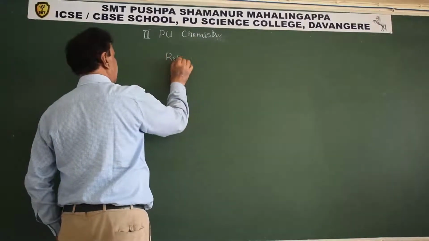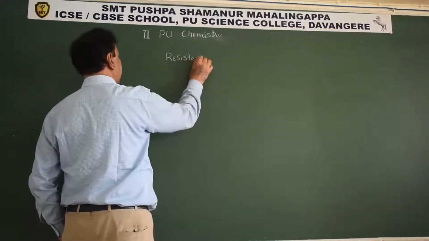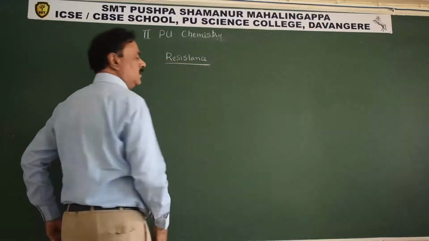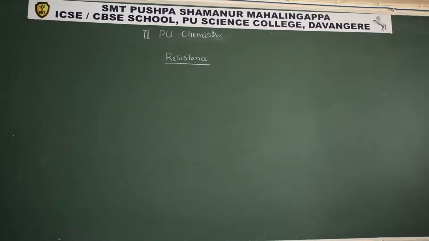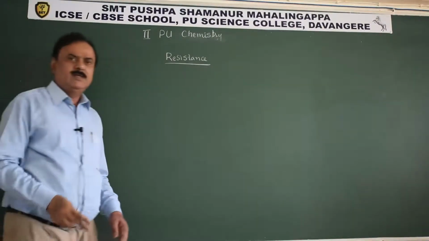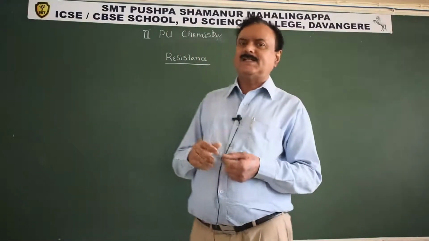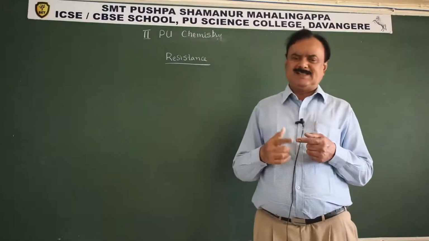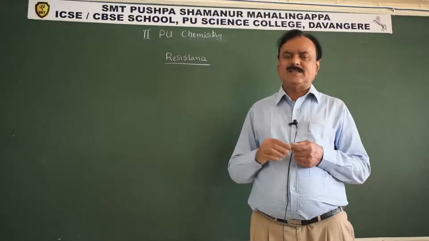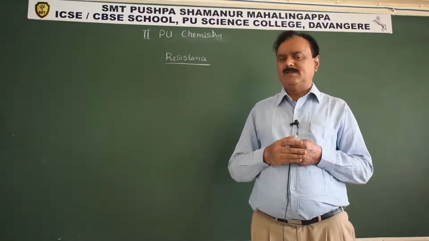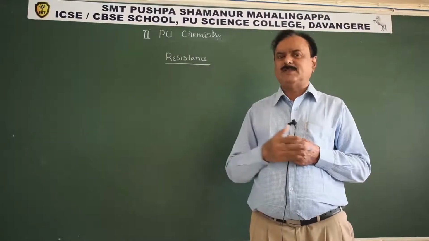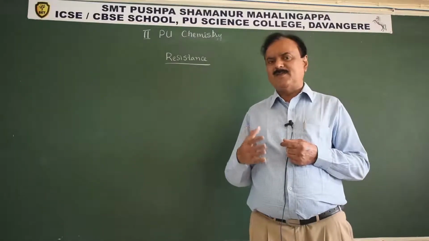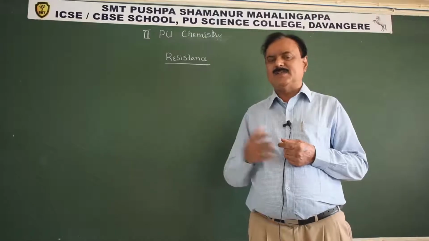Now the basic terms: resistance and conductance. What do you mean by resistance? Different chemical substances or different metals offer resistance to the flow of electrical charges through them. For metals like copper, silver and zinc, whenever an electric current is passed through them, different metals offer different resistance to the flow of current.